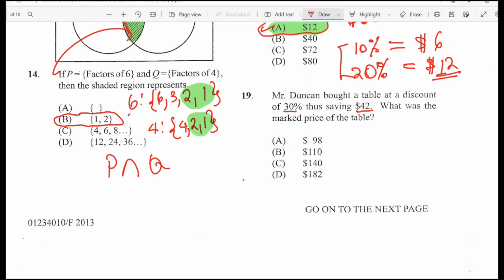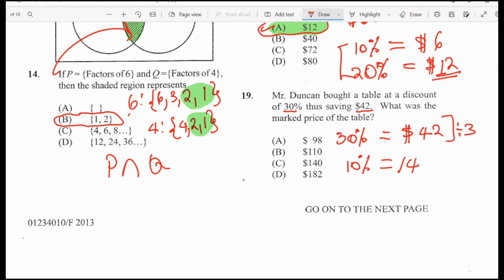Now, let us look at it like this. If 30% is equivalent to $42, then am I able to find 10%? Yes, we can. All we have to do is to divide by 3. Because the relationship between 30 to 10 is a third of it, which means to divide by 3. So 10% is simply $14.